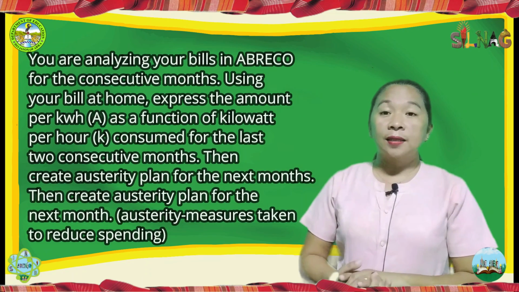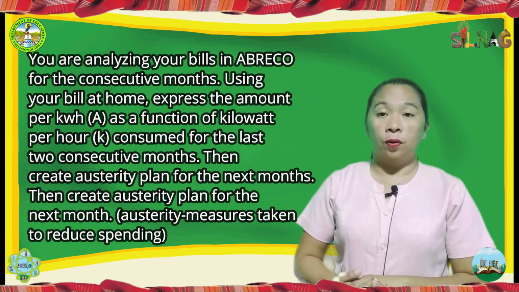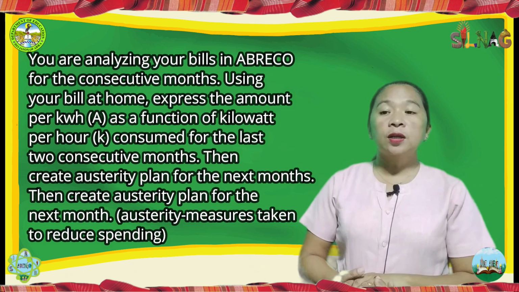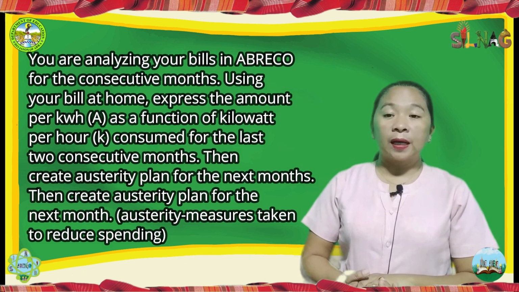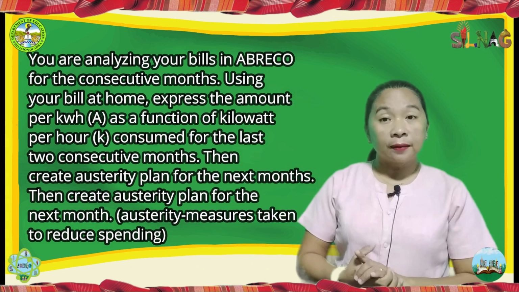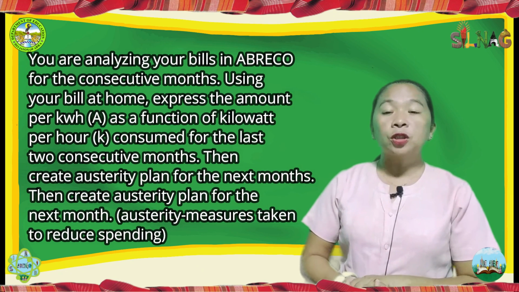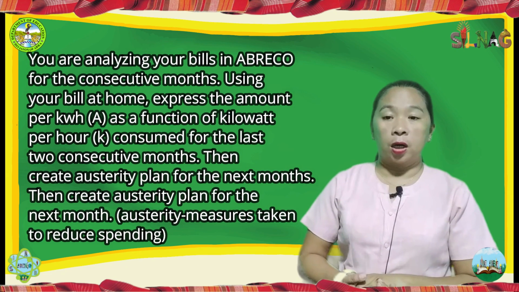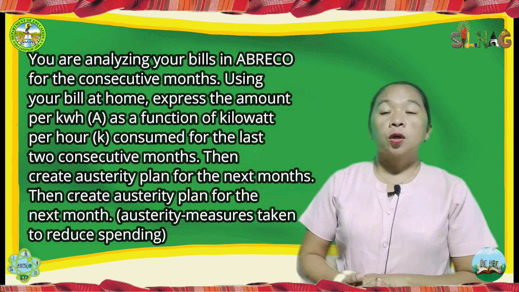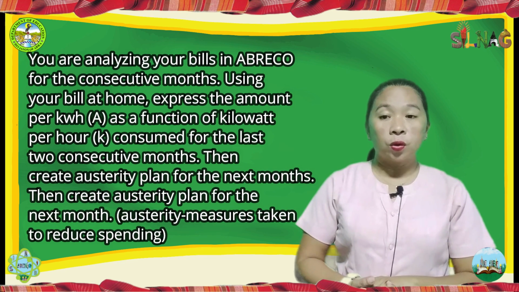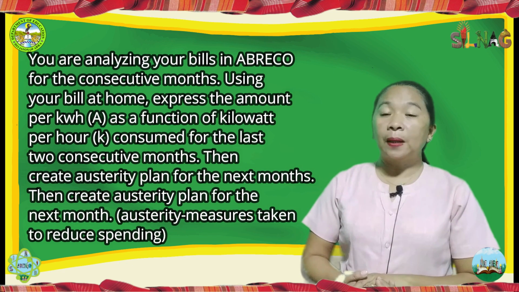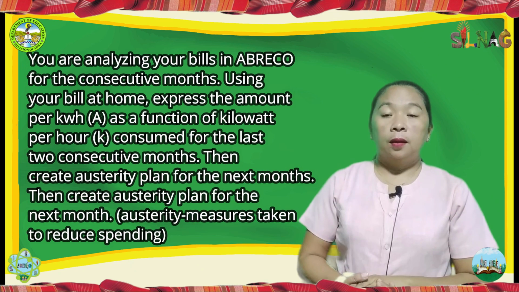You are analyzing your bills in Abreco for the consecutive months. Using your bill at home, express the amount per kilowatt hour represented by A as a function of kilowatt per hour represented by K, consumed for the last 2 consecutive months. Then create an austerity plan for the next month.